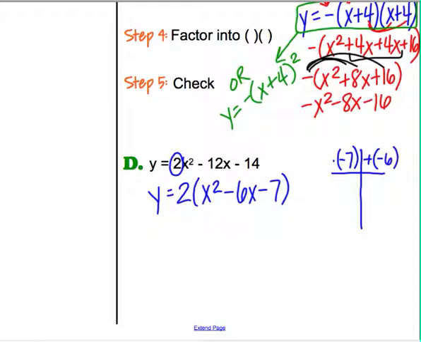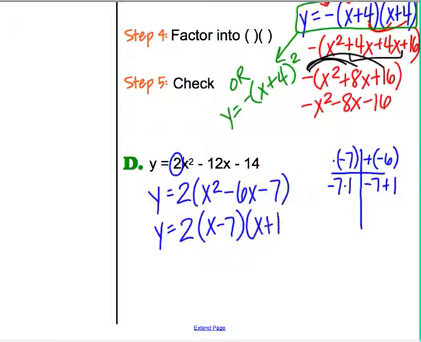First thing I think of is I need the bigger number to be negative, since I need to have one number negative and one number positive, I'm going to do negative 7 times 1, because negative 7 plus 1 is negative 6, which then I can write y equals, keep that 2 out front, and I have x minus 7 times x plus 1. And so now I need to check it.